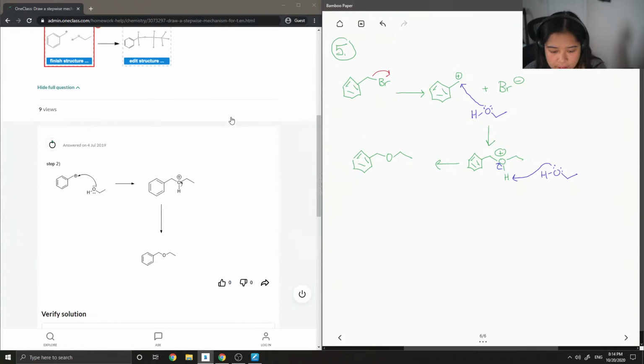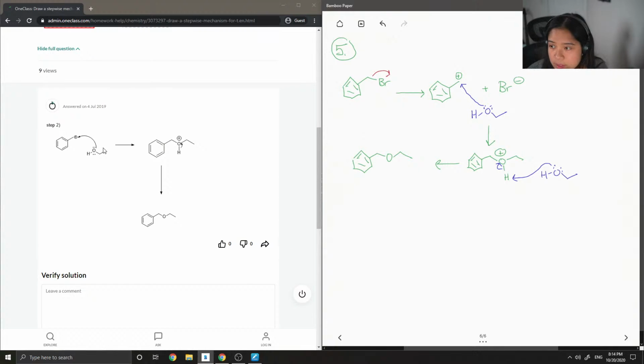Now let's see the answer from our junior tutor. Yep, starting from part 2, they have the ethanol come in. Yeah, same thing where they just have the electrons from this bond trying to neutralize that. But it's always good practice to show how that happened, and that's why I just kind of drew out the ethanol group coming to deprotonate it.